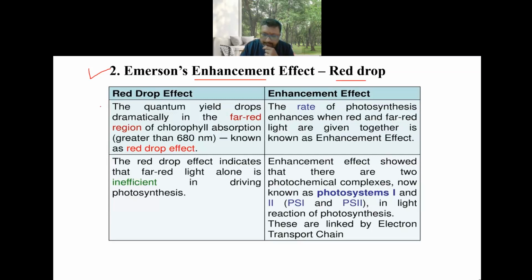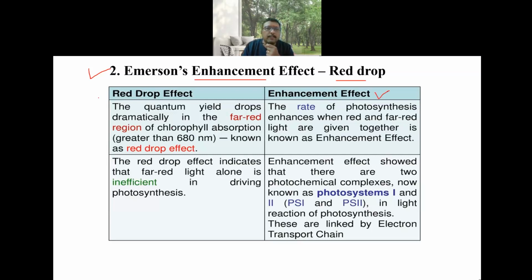This decrease in the rate of photosynthesis at higher wavelengths of red light is called the red drop. Subsequently, Emerson and his associates observed that when both a shorter wavelength light, 650 to 680 nm, and a longer wavelength light above 680 nm were used simultaneously, the rate of photosynthesis was higher than the sum of the rates with separate beams. This phenomenon came to be known as Emerson's enhancement effect.